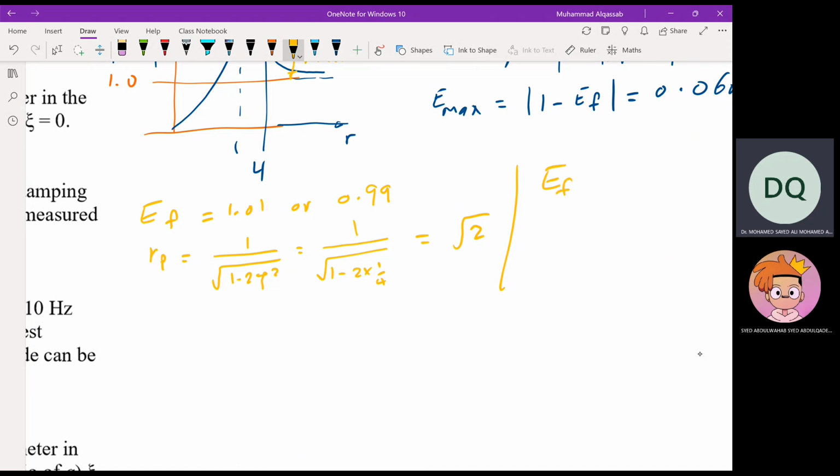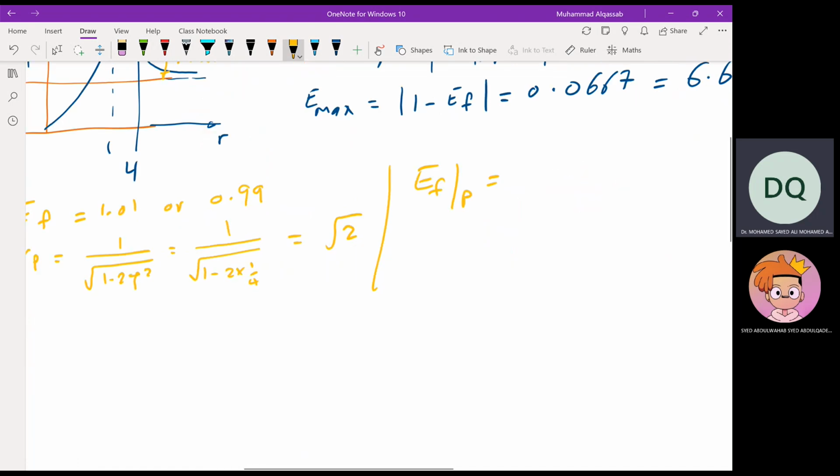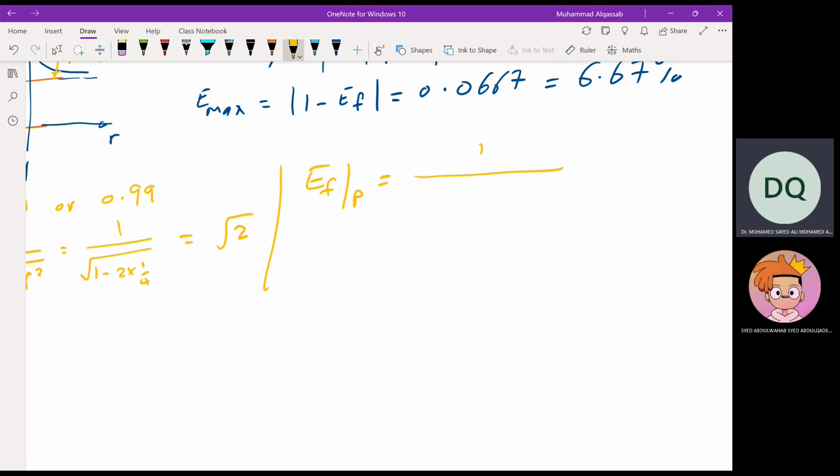So the error factor at peak is r peak squared divided by the square root of 1 minus r peak squared, whole squared, plus 2 zeta r peak squared, where zeta is 0.5.